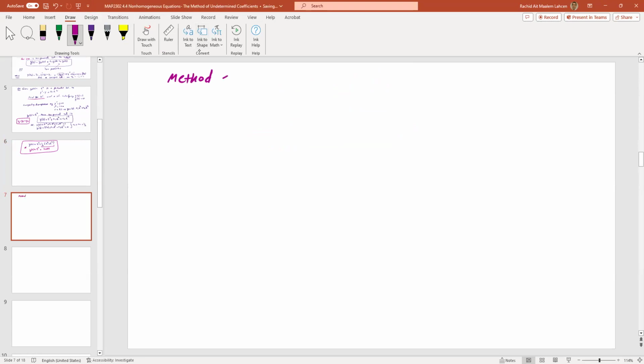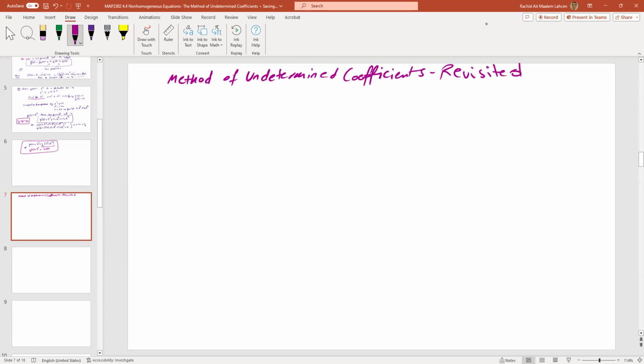So method of undetermined coefficients, kind of revisited. We have defined a particular solution to this differential equation.